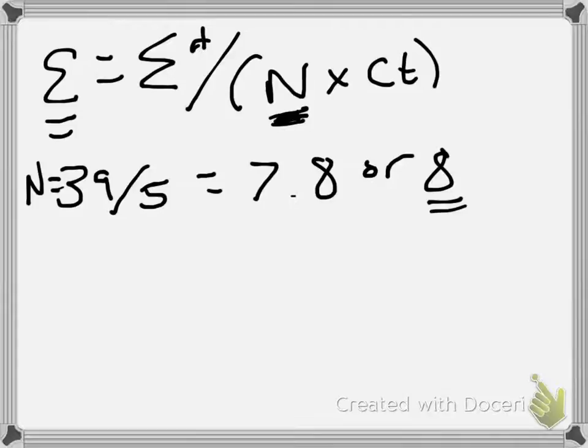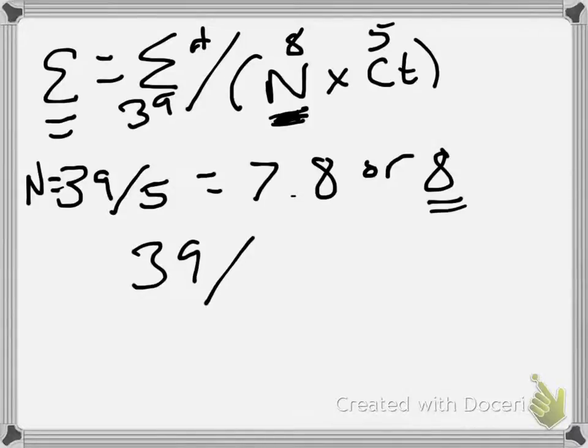So back to our equation here, we know that 8 is going to have to go in there, and our cycle time is going to be 5, and we've got 39 minutes in our numerator. So 39 divided by 8 times 5, which is 40.